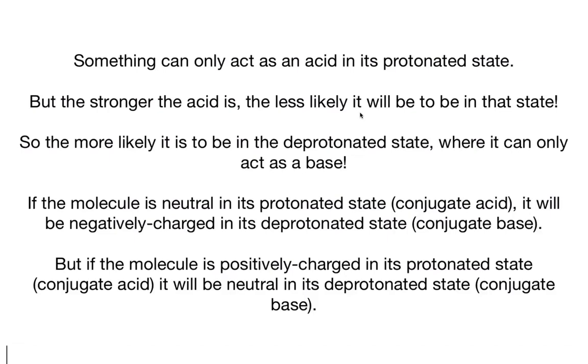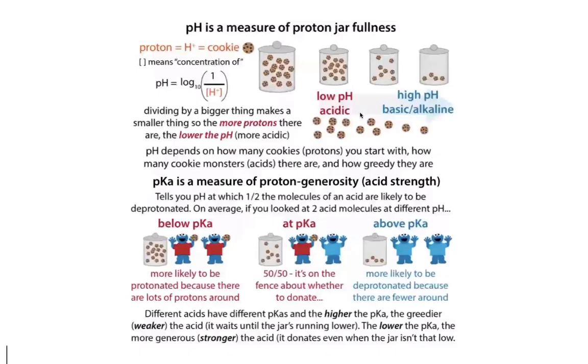And this is all assuming that we're talking about a single site. When we're talking about a single site, we can talk in terms of a pKa for that site. And remember that when the pH equals the pKa, you have equal amounts of acid and base. If you're below that pKa, now that jar is fuller, there are more protons around, and you're more likely to be protonated.